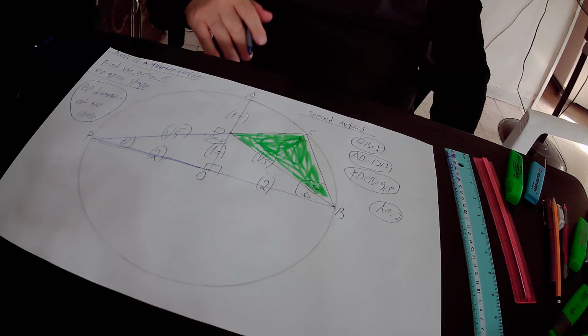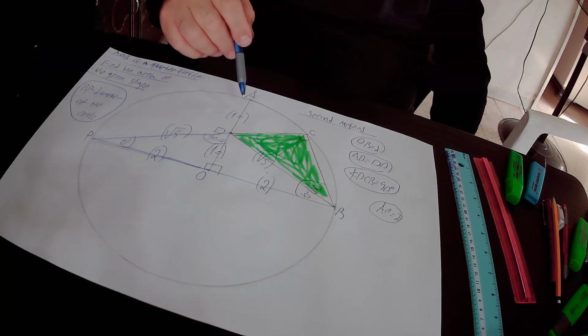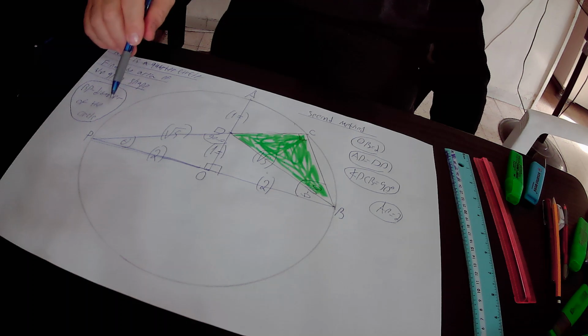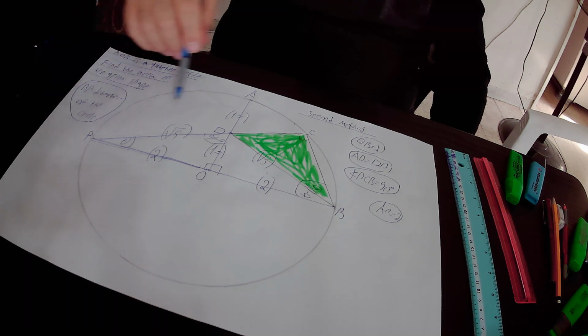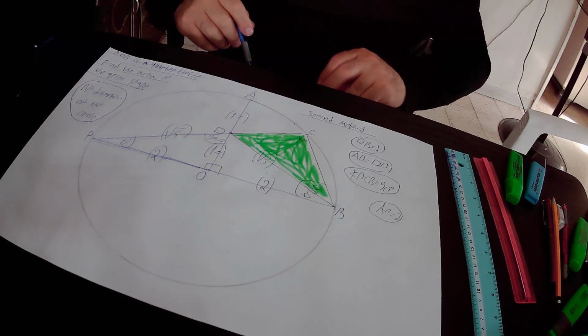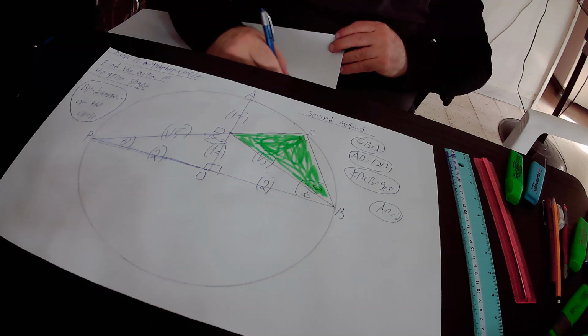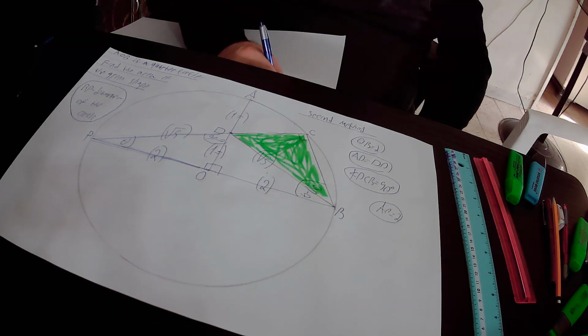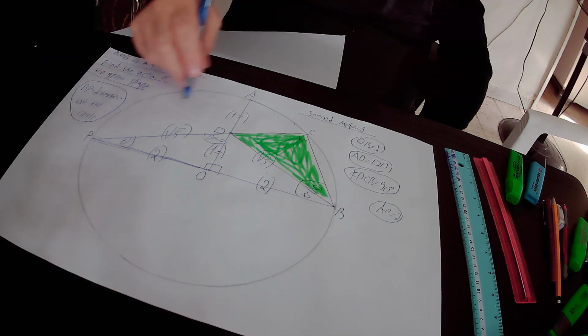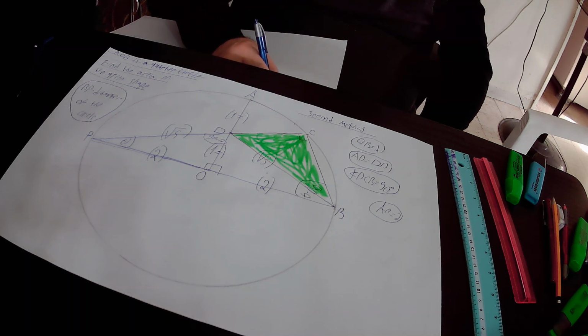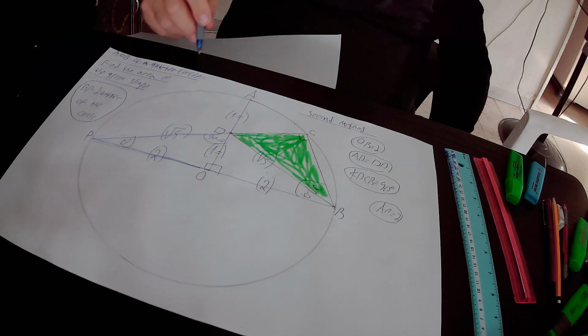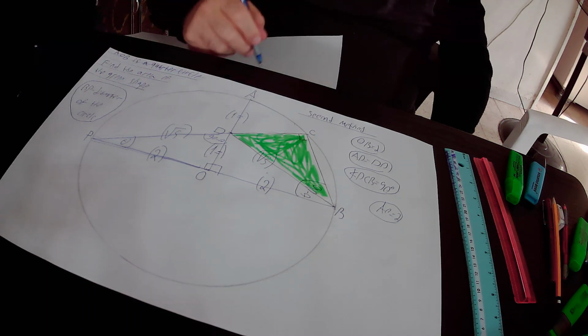In the next step, we will prove that the small right triangle DOP is similar to the big right triangle PCB. So write it down. We prove that the big right triangle PCB is similar to the small white right triangle PDO.